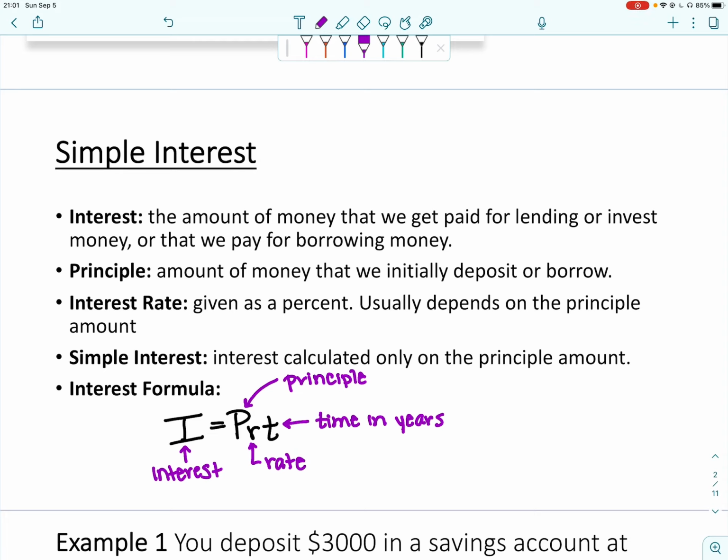And that T is always in years. So if you don't have the loan or the money in the account for a full year, then that T is going to be a fraction. If it's 5.5 years, then it would be 5.5.